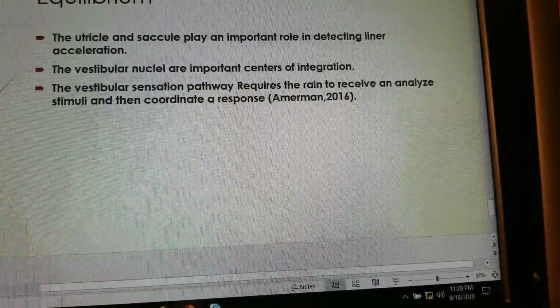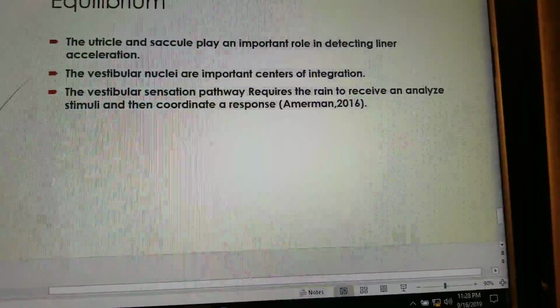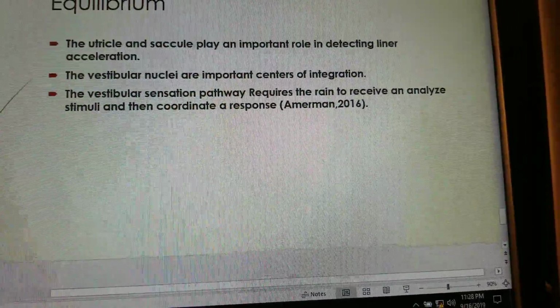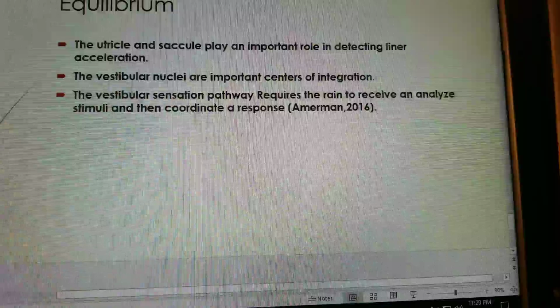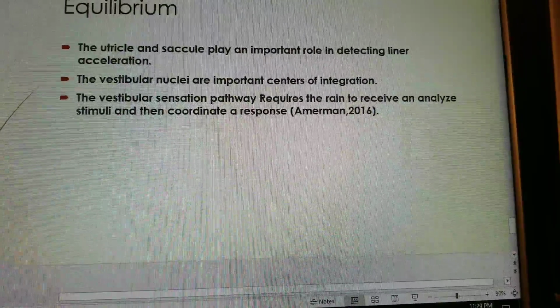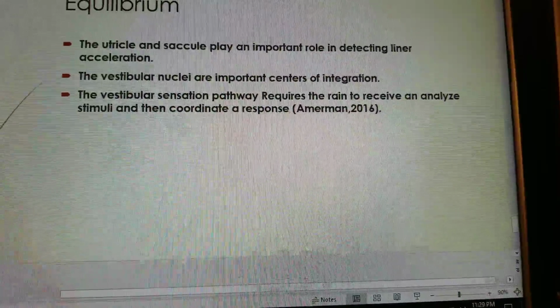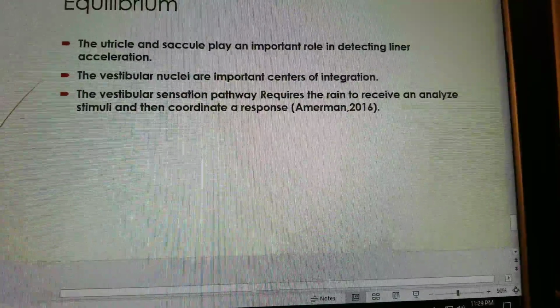The utricle and saccule play an important role in detecting linear acceleration. The vestibular nuclei are important centers of integration. The vestibular sensation pathway requires the brain to receive and analyze stimuli and then coordinate a response.